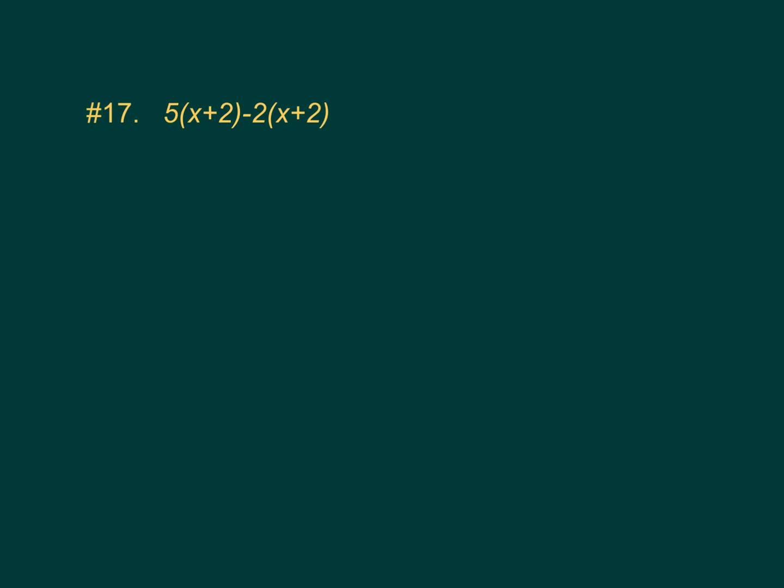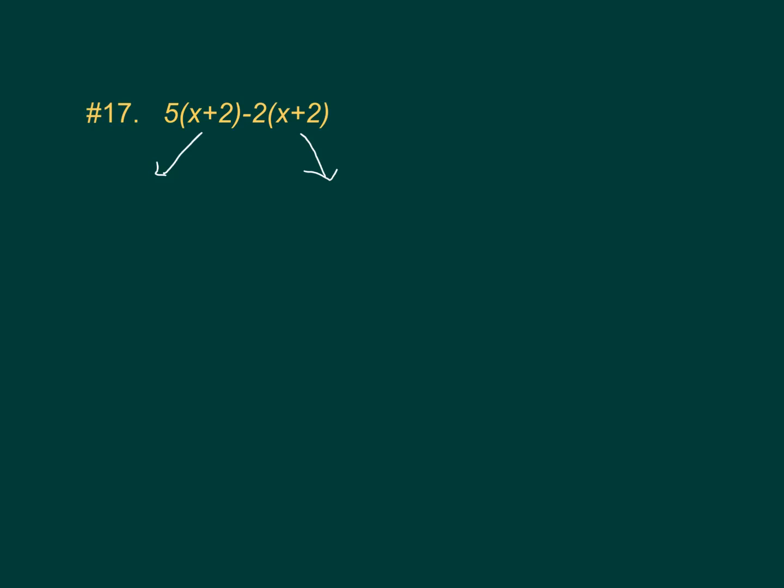Okay, so now we have the next problem, which is number 17. Here you have 5 times x plus 2, and then minus 2 times x plus 2. Okay, the easiest way to do this problem is to separate the expressions into two separate expressions and then simplify them separately, and then we put them back together.